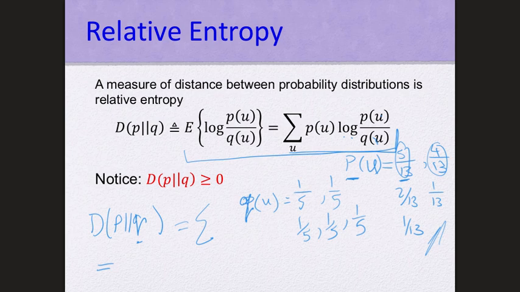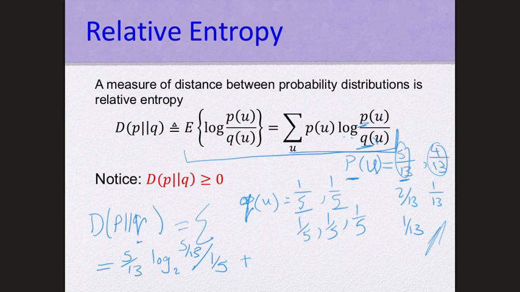It's going to be 5/13 multiplied by log to the base 2 of 5/13 divided by 1/5, right? This is P, this is Q. Q is always 1/5 for any possible value of the random variable u, right?